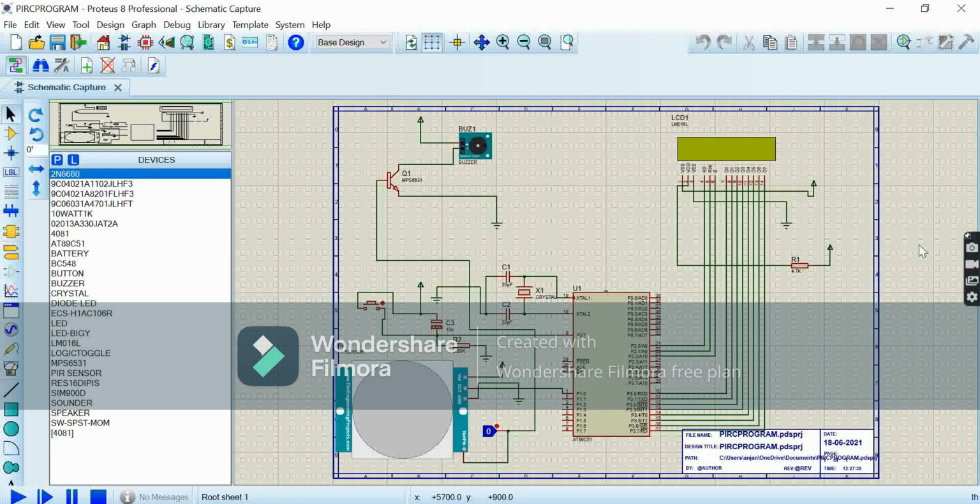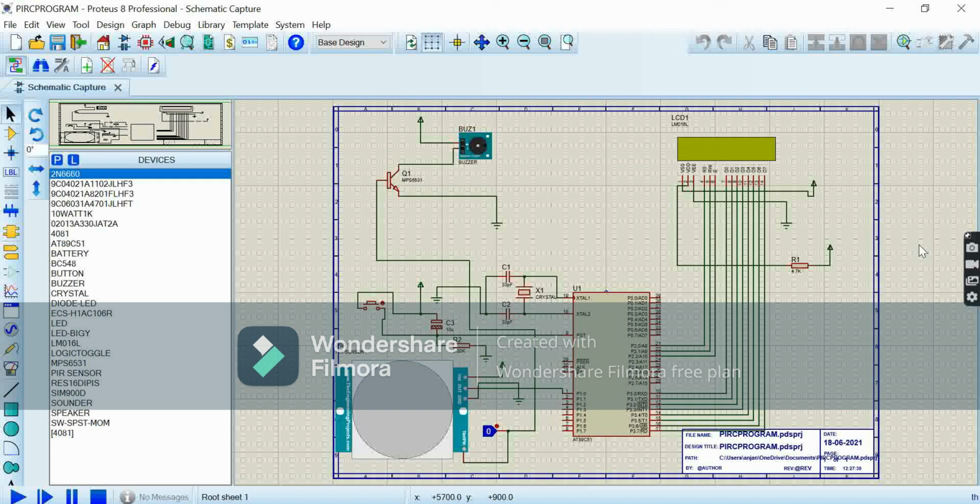Now coming to the LCD display, we have VSS, which is a power supply pin, and then the VDD pin, which has a resistor of 4.7 kilo ohm along with the power supply, and the VEE pin acts as a ground pin. We have the RS pin, the register select pin, connected to port 2/0th pin.